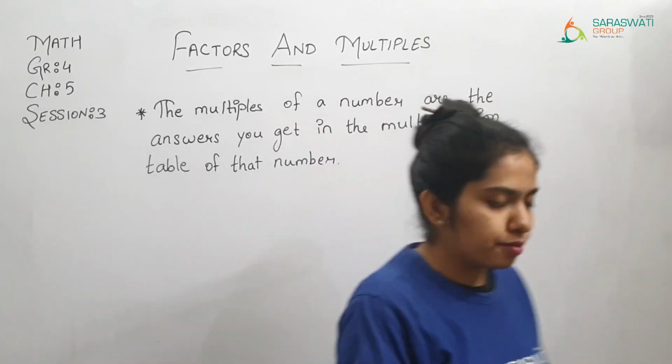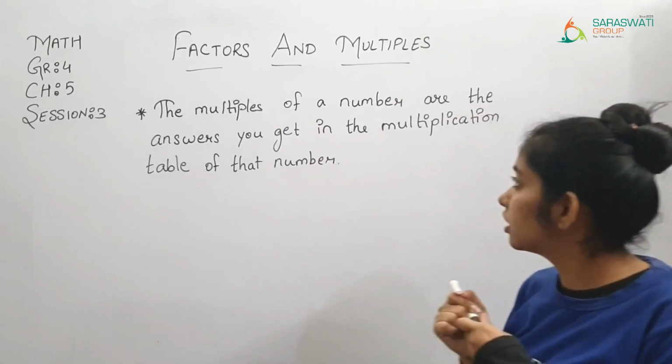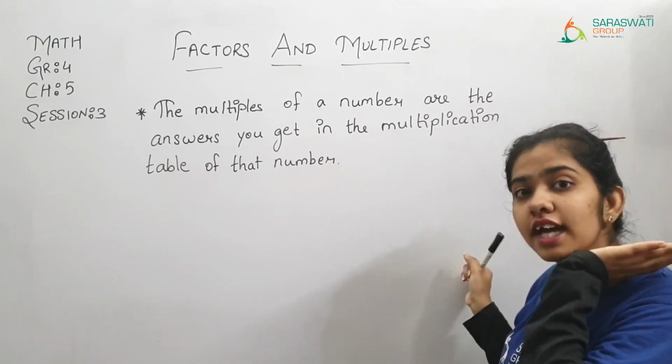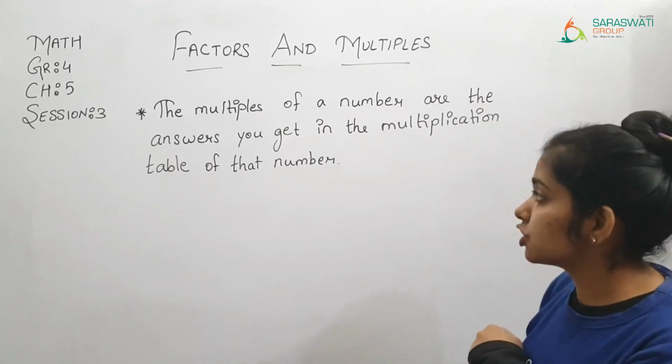So multiples of a number are the answers you get in the multiplication table.